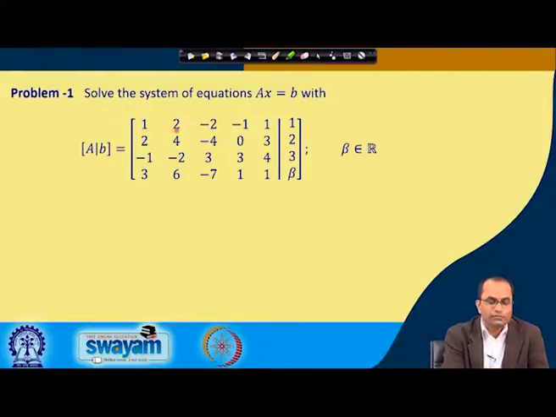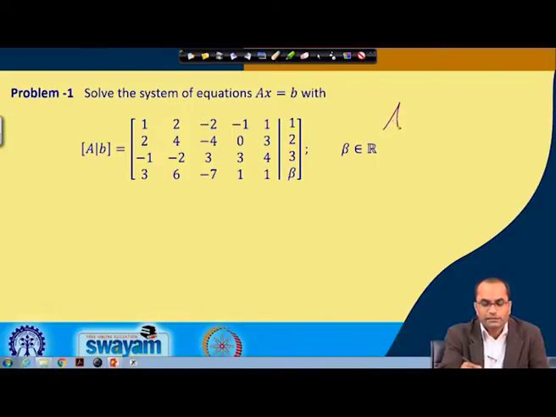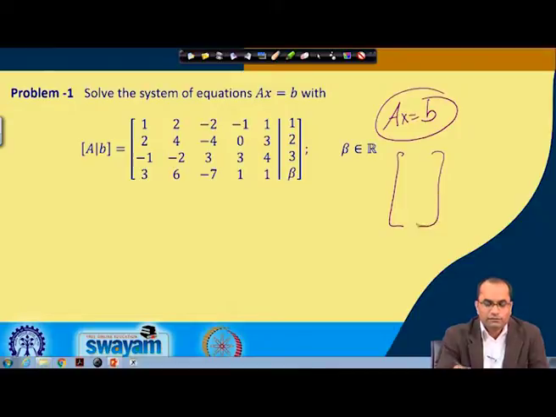The number of columns means the number of unknowns, because here this is A and we have our system Ax equal to b. So, this x, to be consistent with this A, will have x1, x2, x3, x4 and x5.